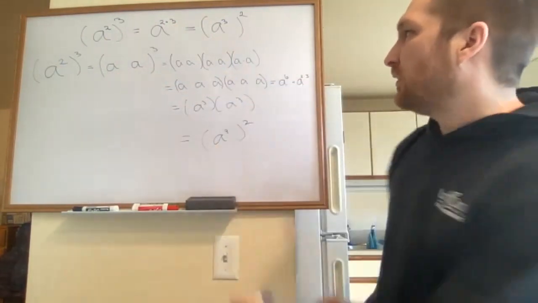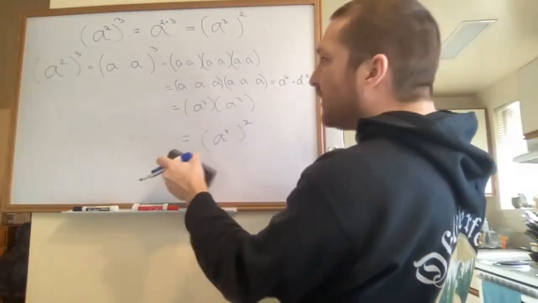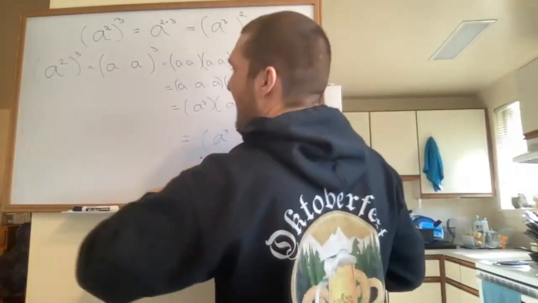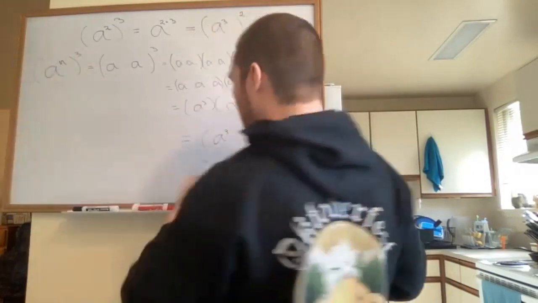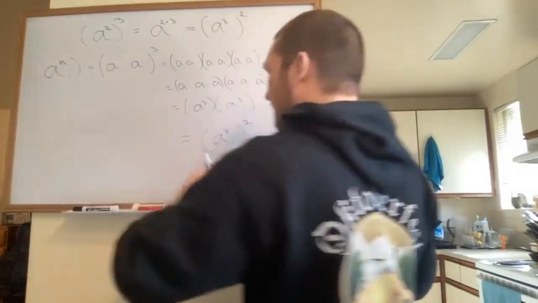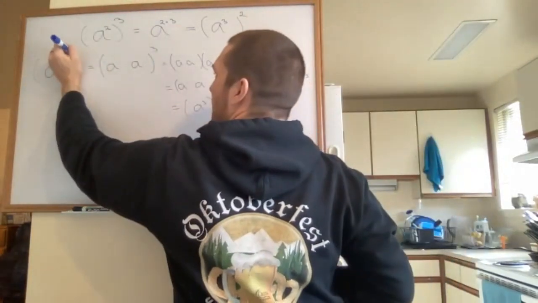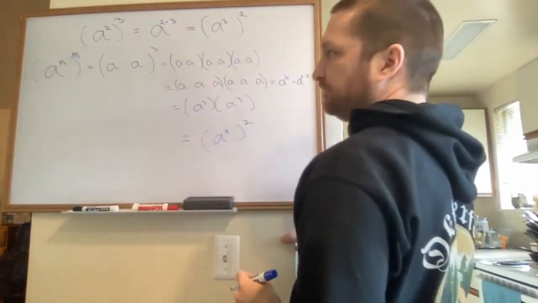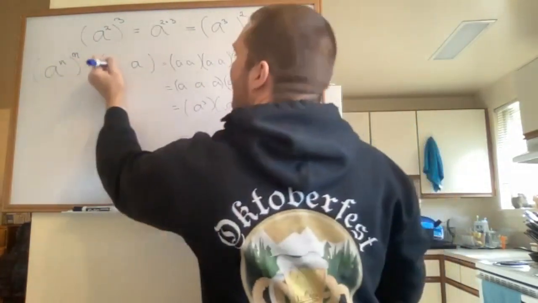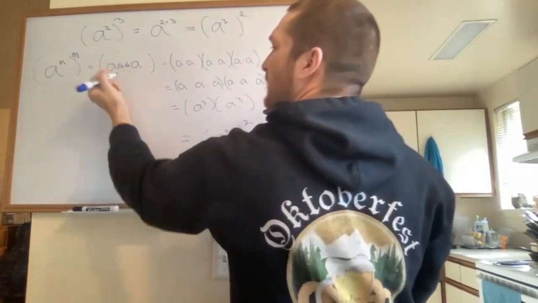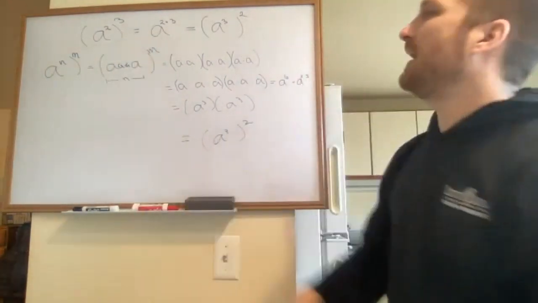And in general, it doesn't matter if I did 2 and 3. If I had a raised to the nth power, and I wanted to take whatever number that is and raise it to the mth power, then this would be the same thing as taking a times a times a, itself a total of n times, and then raising that to the mth power.